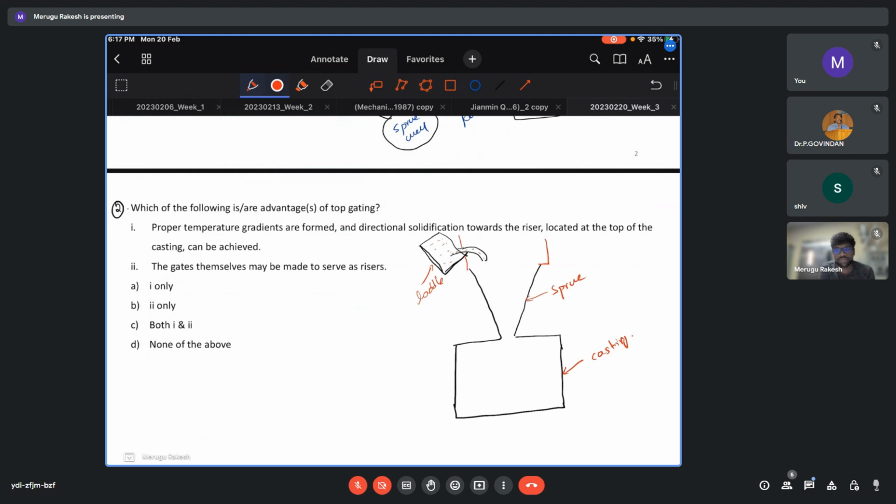They are asking which of the following are the advantages of top gating. Since you are feeding the metal from the top, it is nothing but a top gating system.